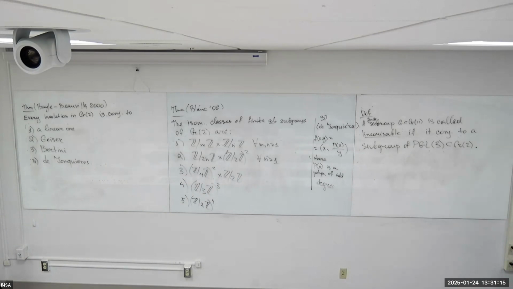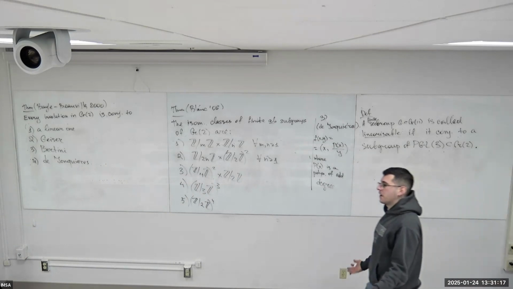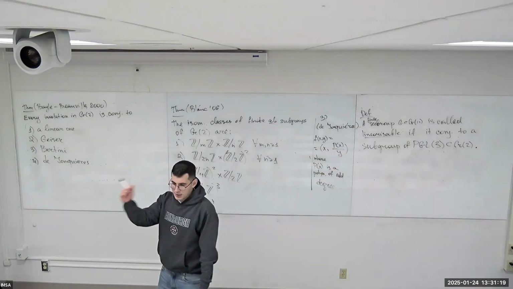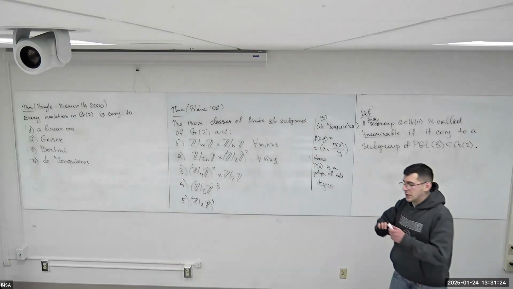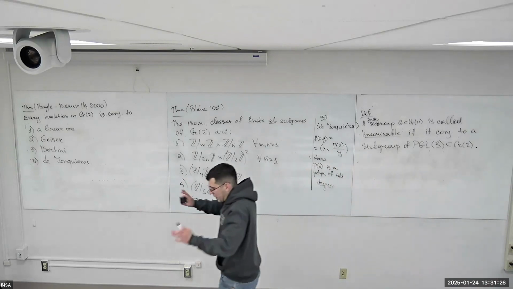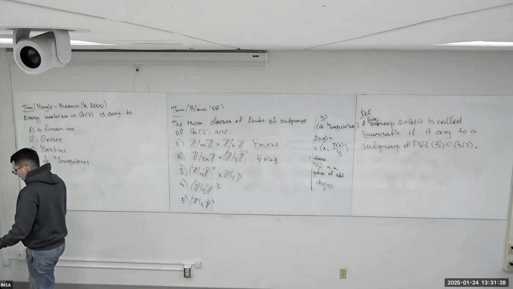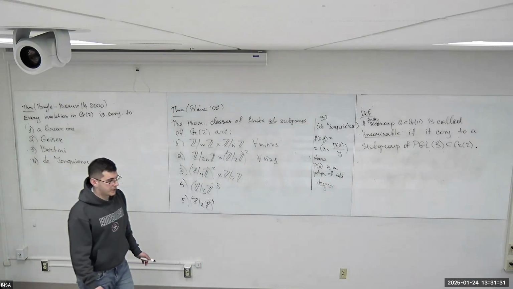Okay, so maybe we can classify them. And the answer is yes, we can, and we can do it up to conjugation. So we can describe all conjugacy classes of such linearizable subgroups.